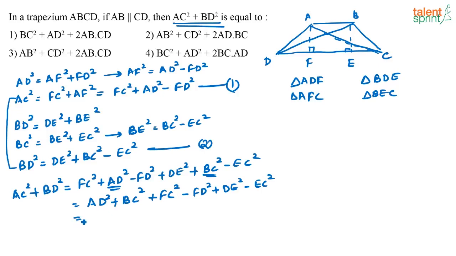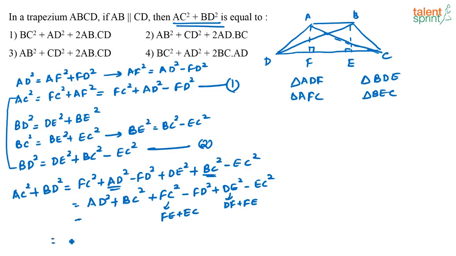So here what will you have? Wherever you have DE, this DE you can write as DF plus FE. Similarly, wherever you have FC, you can write it as FE plus EC. So when you write this, what will you get?